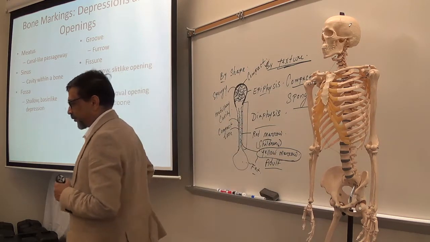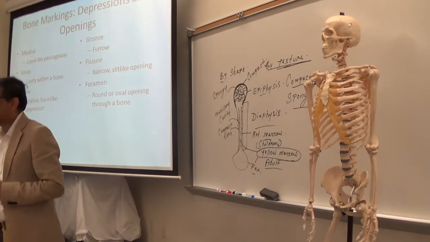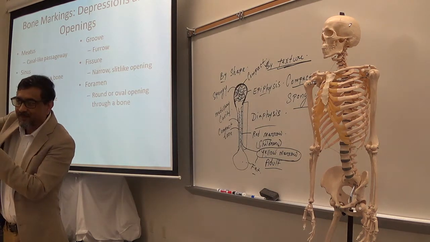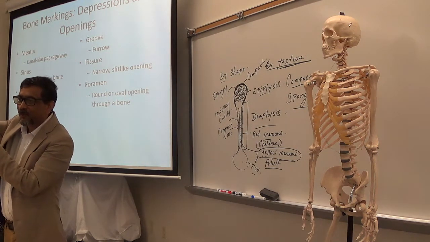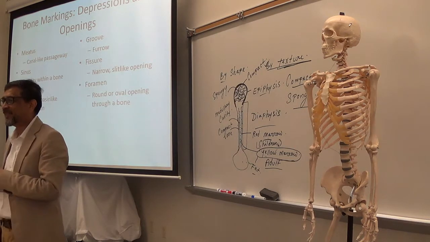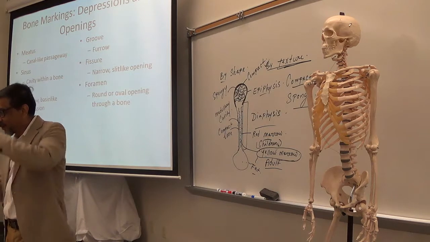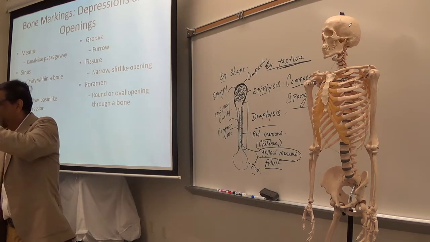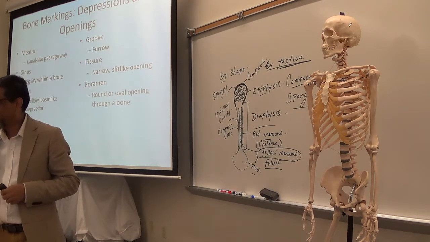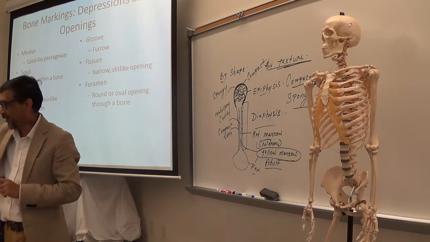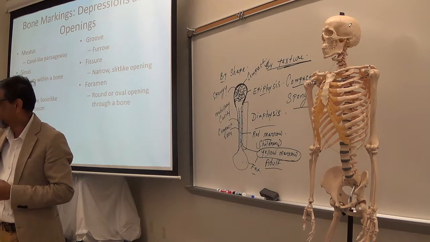Now you tell me, where did you see many foramen? In which bone? In the bottom of the skull, right? In the bottom of the skull you have seen many foramen, right? The largest one is the foramen magnum for the spinal cord. Remember that? There are many others, right? Foramen ovale, remember?